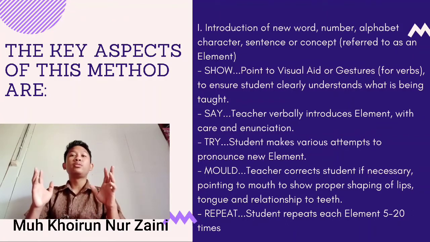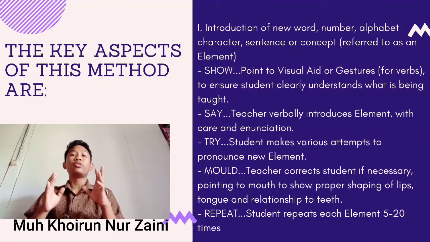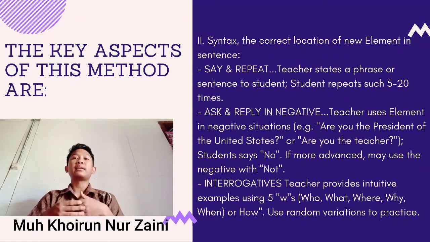The teacher verbally introduces the element with care and enunciation. Number 3. Try. Students make various attempts to pronounce the new element. Number 4. Mold. The teacher corrects the student if necessary, pointing to show the proper shaping of the lips and tongue. The last is syntax, the correct location of the new element in a sentence.